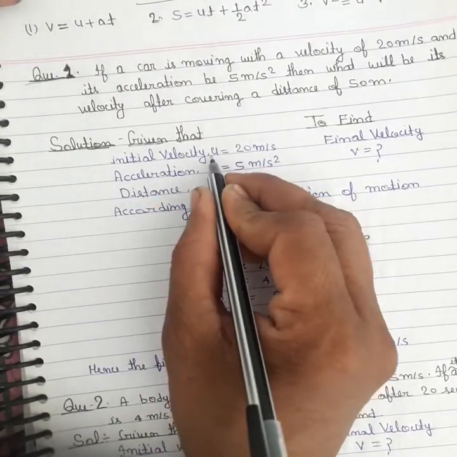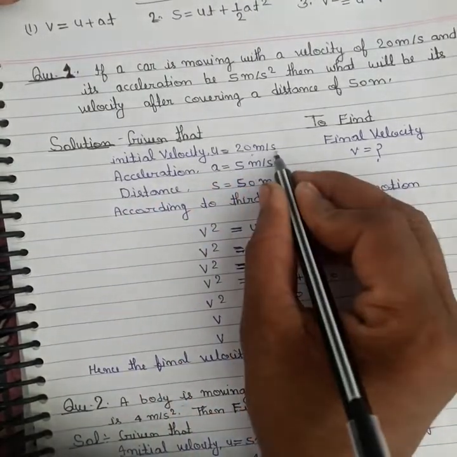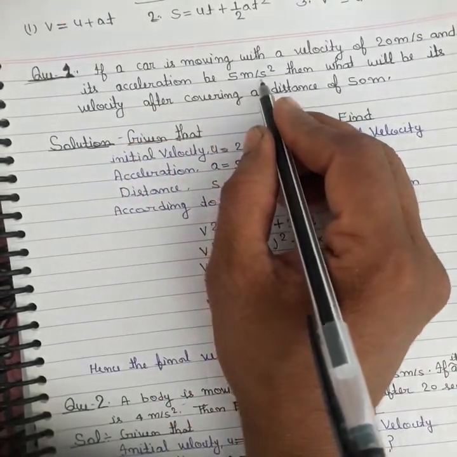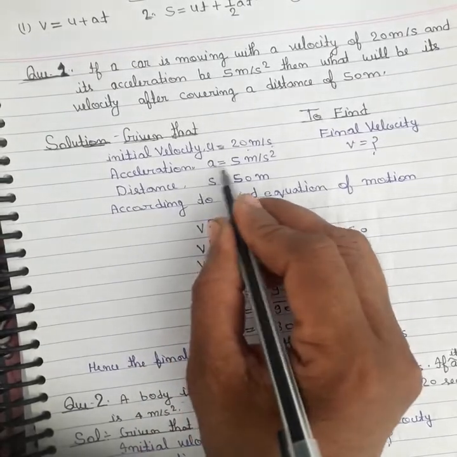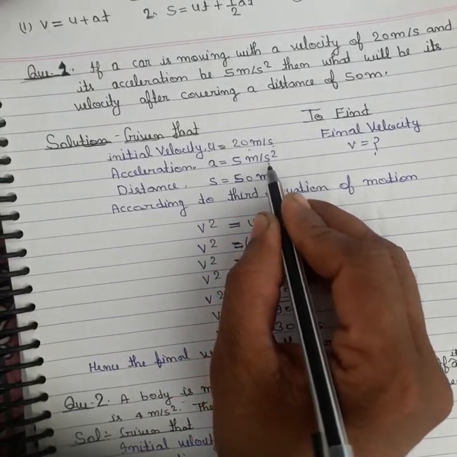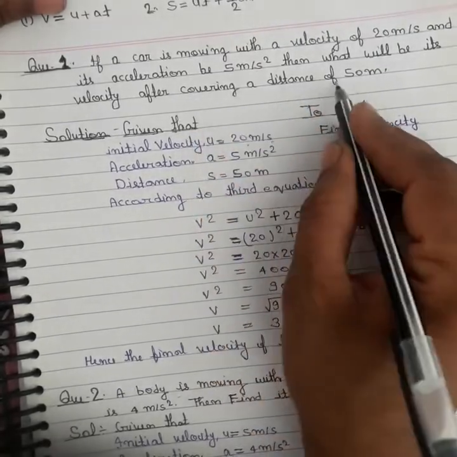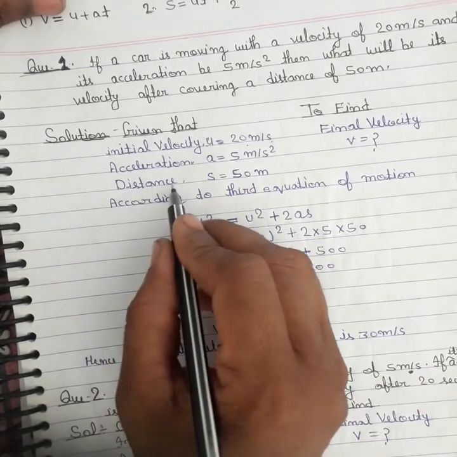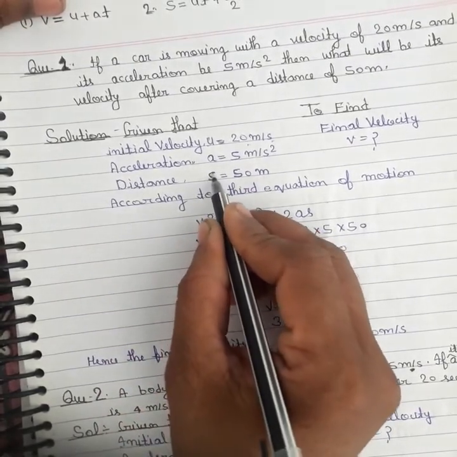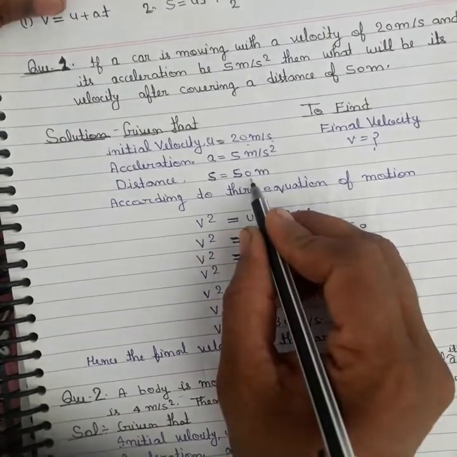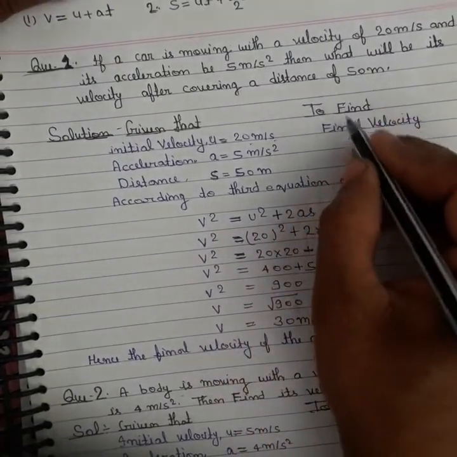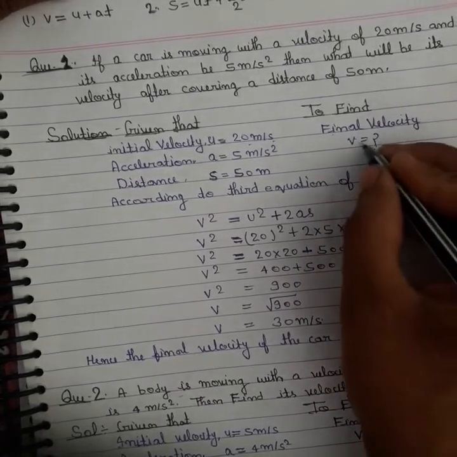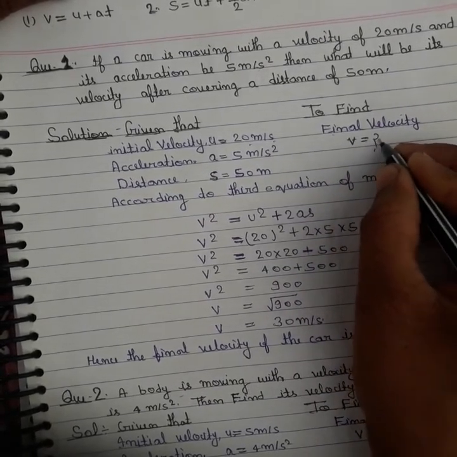Then u equal 20 meter per second. Its acceleration is 5 meter per second square, so a equal 5 meter per second square, and the covering distance is 50 meter. Distance is indicated by small s, so s equal to 50 meter. To find: final velocity v equal to question mark.